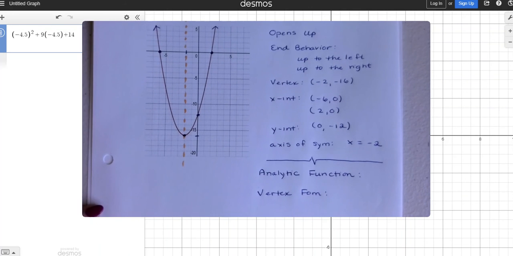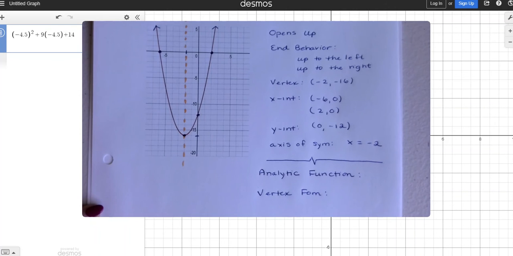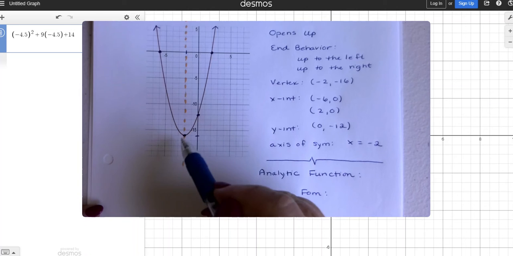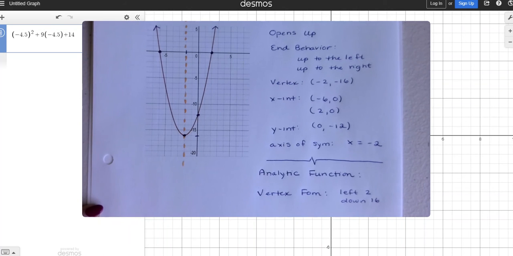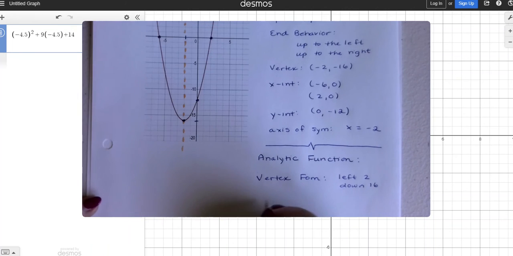I've already seen that my vertex is -2, -16. So when I compare that to the origin, this has been shifted left 2 and down 16. Let's remember how our algebraic function would have said that.